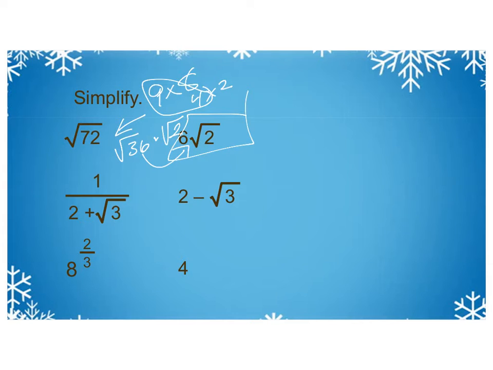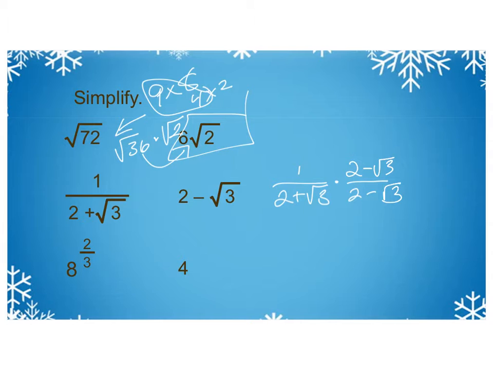This one we have to use our conjugate. So we're going to multiply over 2 plus root 3. We're going to multiply this by the conjugate, 2 minus root 3.